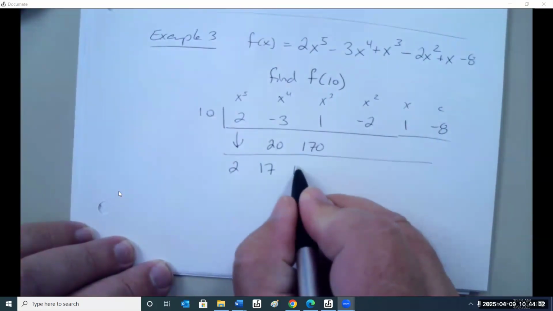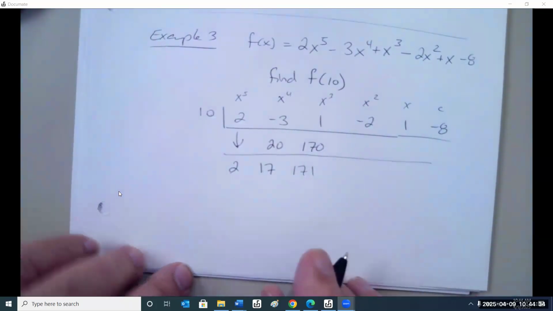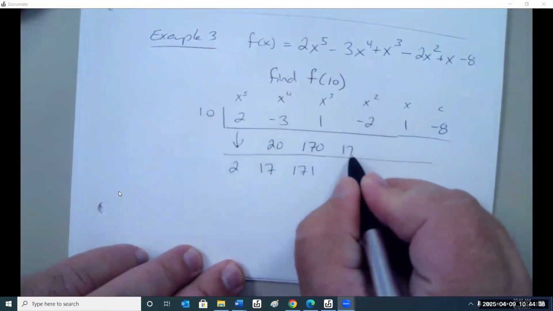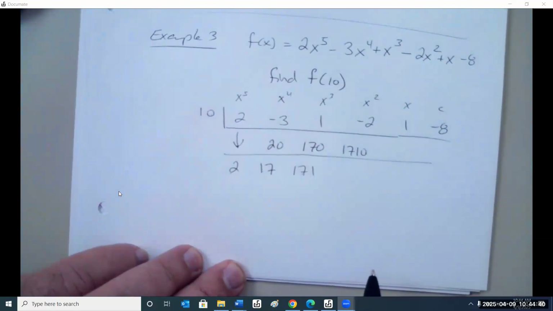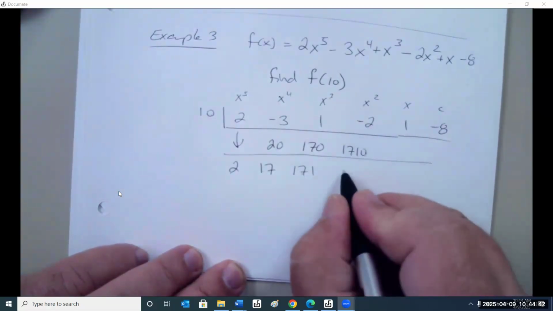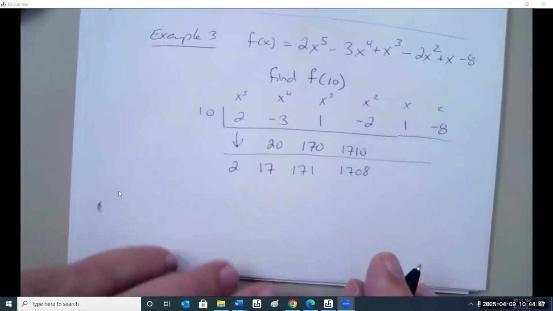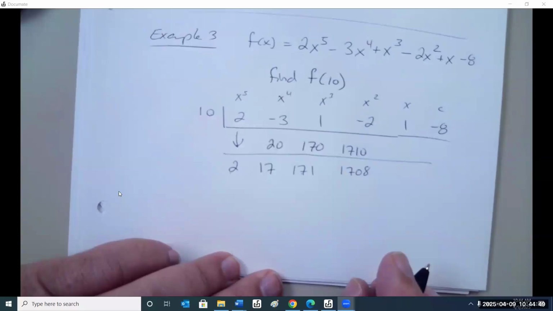Plus 1 is 171. 171 times 10 is 1710. Minus 2 is 1708. So far, so good.